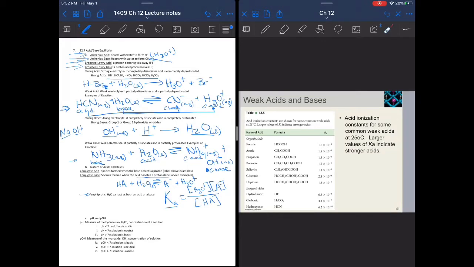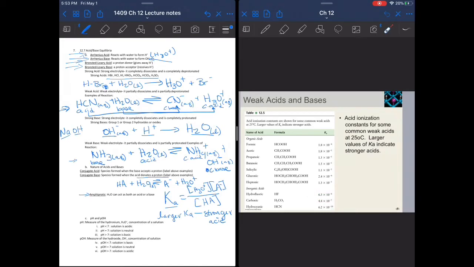The larger the Ka, the stronger the acid. So it's not a strong acid, but you could see here, for instance, that hydrofluoric acid is considerably stronger than hydrocyanic acid, or HCN. That 10 to the minus 4 versus 10 to the minus 10, right? So this one's much bigger in comparison.